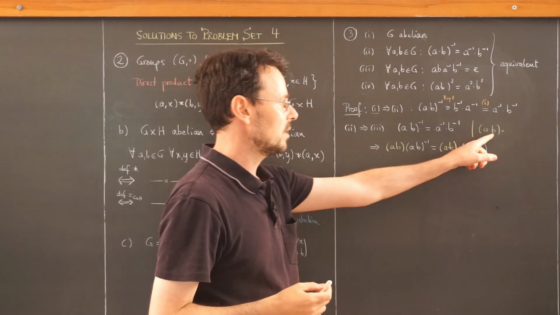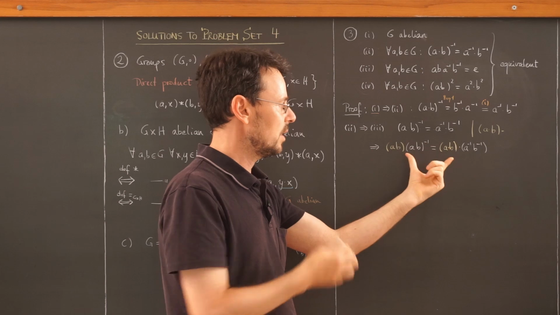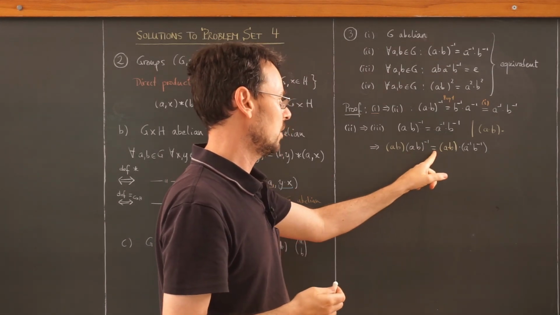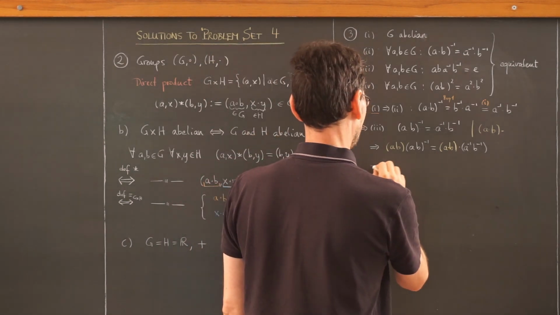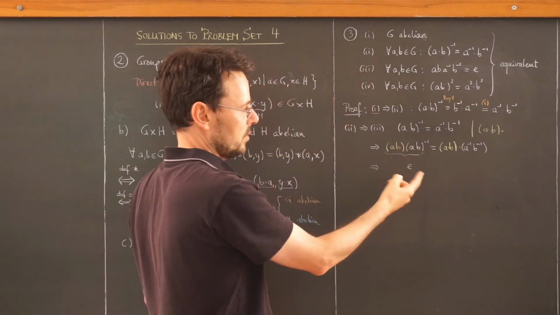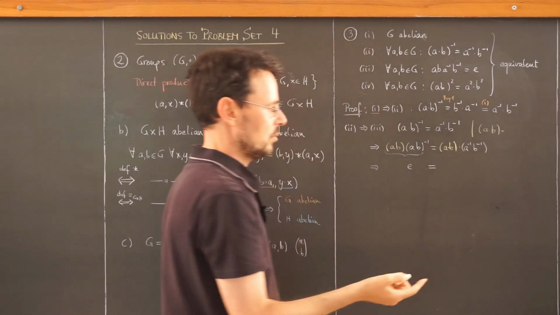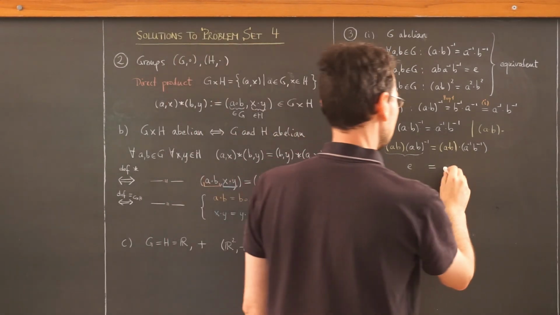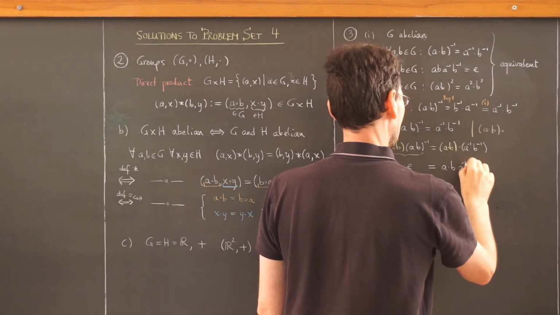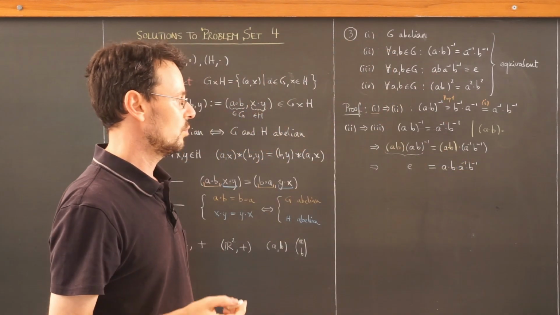Because multiplying by a group element is a map, if these two are equal, then the image under this map must be equal. So again, we have equality. And here, this, of course, by definition of the inverse, is the identity. And here, by associativity, we can drop the parentheses. So we have AB, A inverse, B inverse, and this is what we wanted to prove.